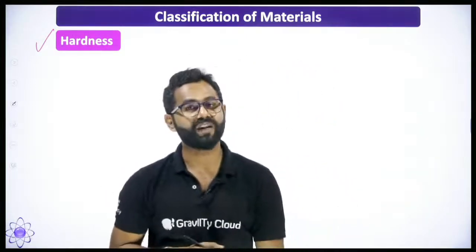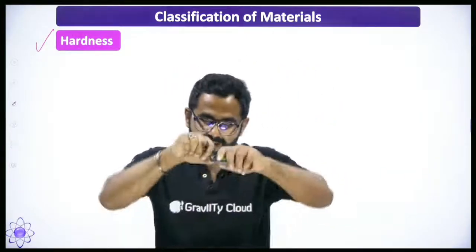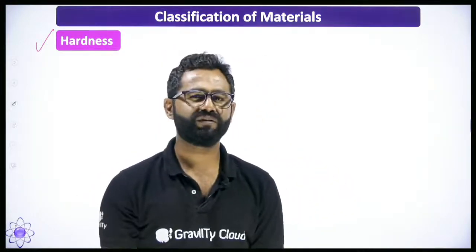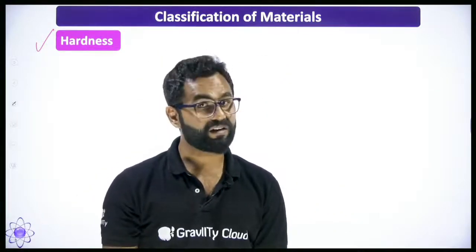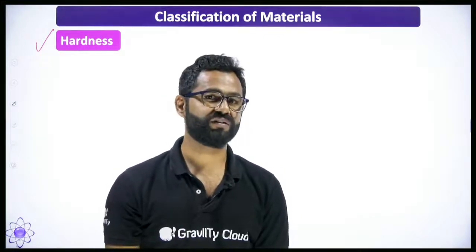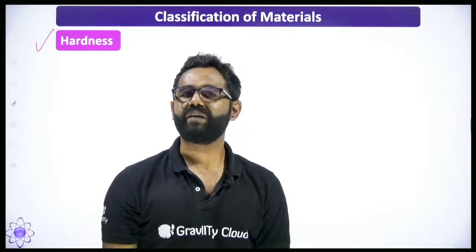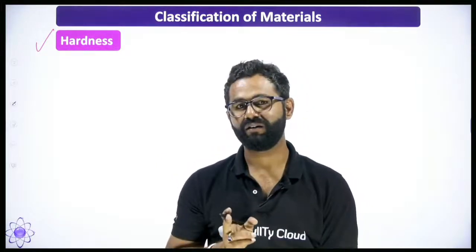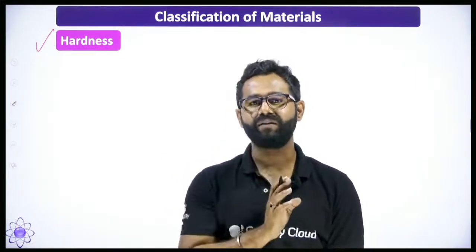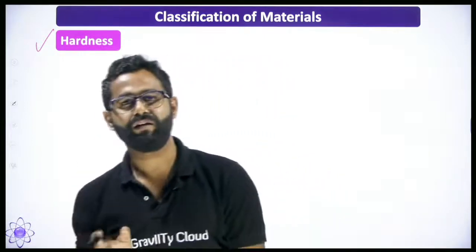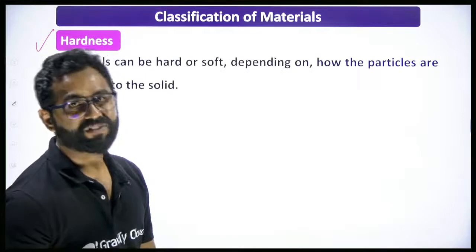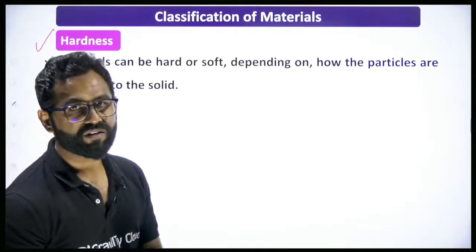But if you talk about graphite, we can easily break the graphite pencil with some force, but we cannot break that iron material with that much force, right? That means iron is harder than graphite. So the hardness of materials depends from material to material. Simple. So some materials available in nature are very hard, some are soft.